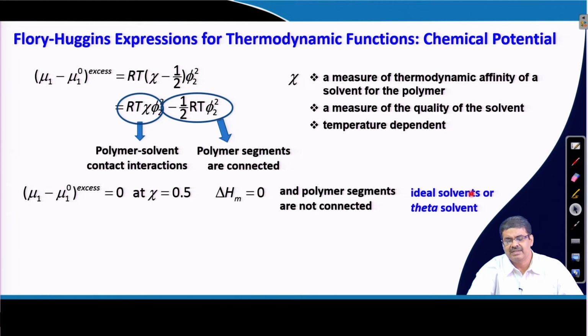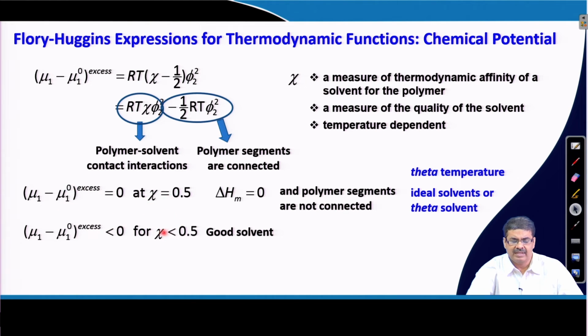We call this solvent an ideal solvent or theta solvent, and the temperature at which the polymer solvent interaction parameter becomes equal to half, we call that temperature the theta temperature. This is the temperature where the solvent becomes an ideal solvent for the polymer in consideration.